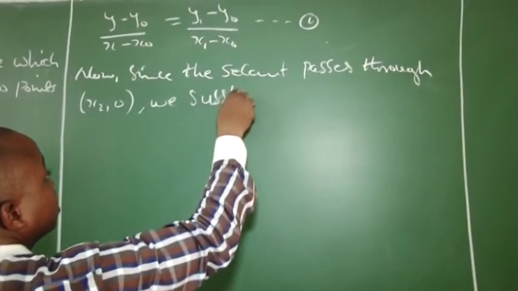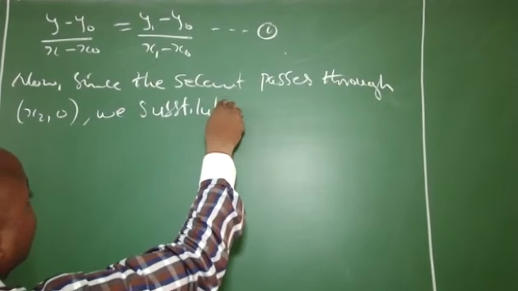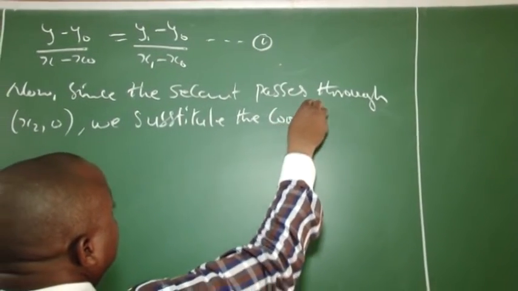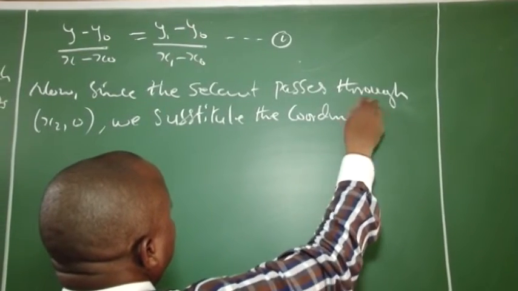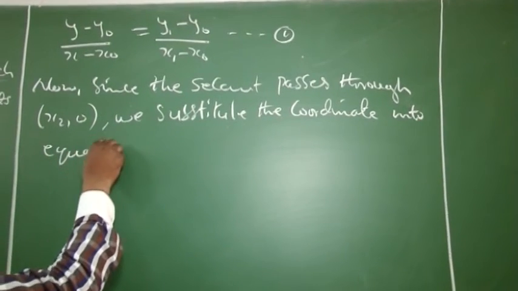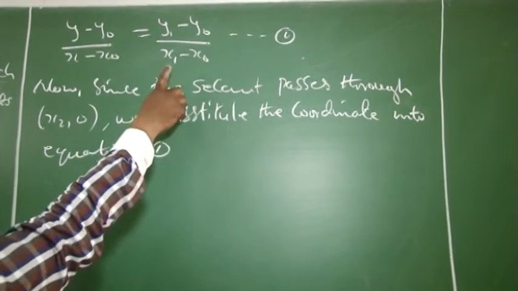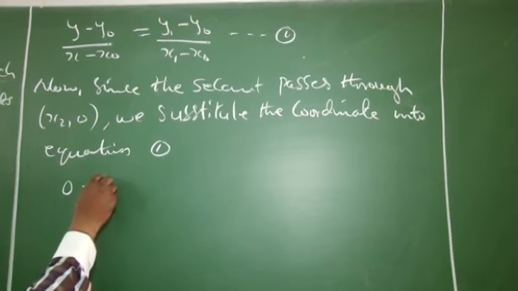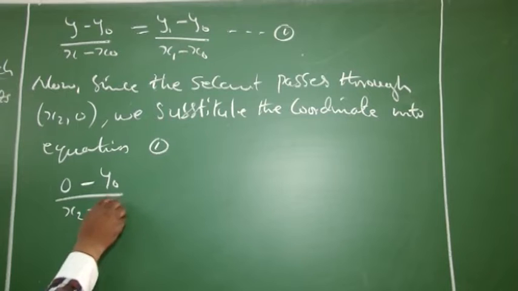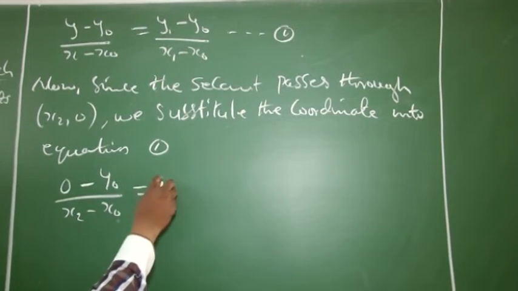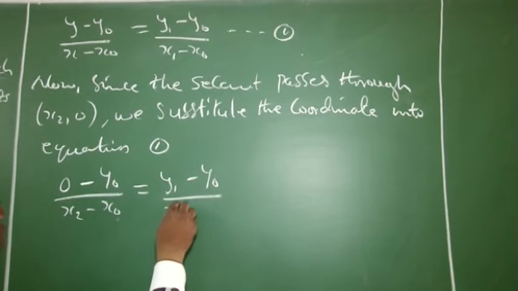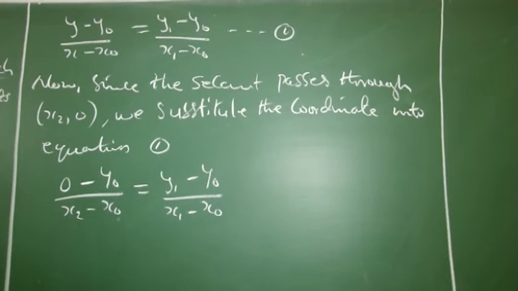We substitute the coordinates into equation 1 above, and we'll have 0 minus y subscript 0 over x2 minus x0 equal y1 minus y subscript 0 over x1 minus x subscript 0.